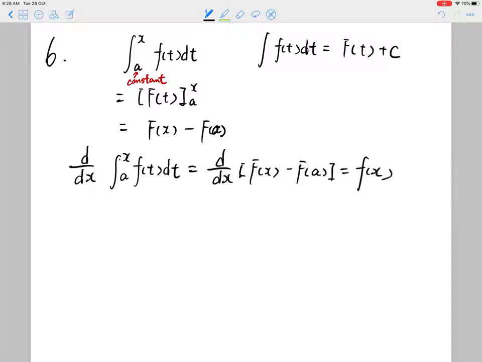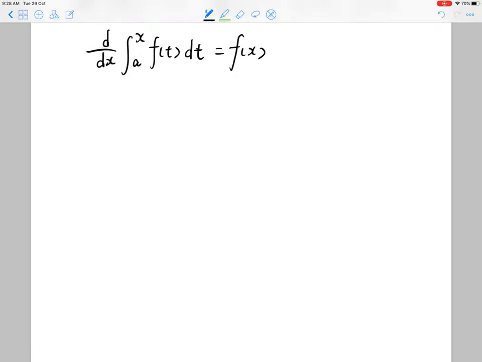F(a), because it's a constant, you differentiate it, it's going to be 0. So this is your fundamental theorem of calculus. Let's use this.